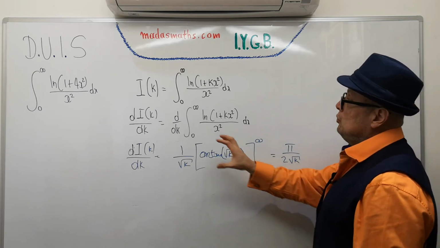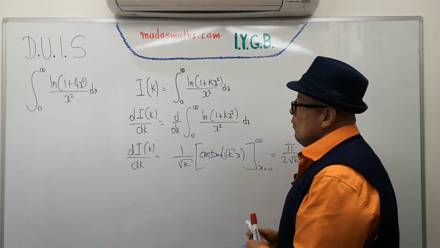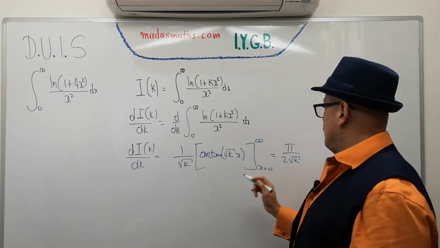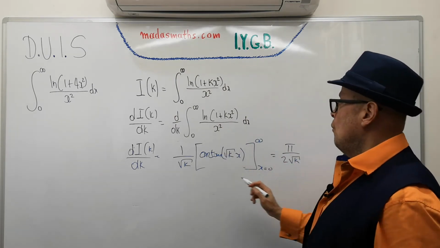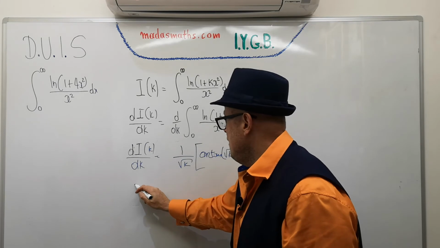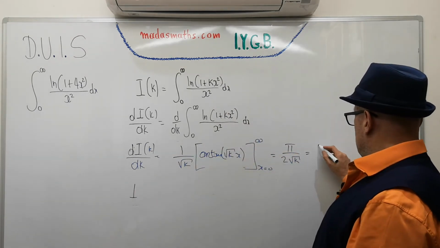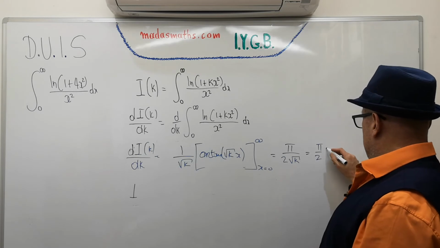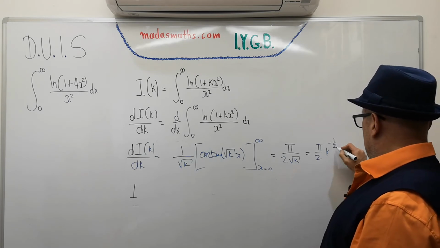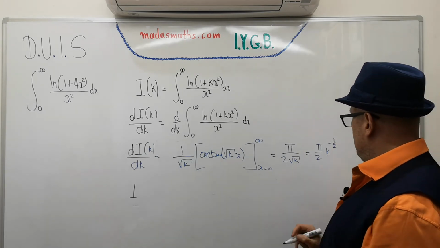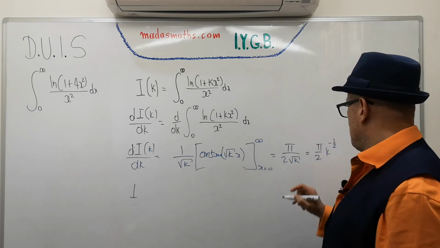So in order to get our I of k, we need to, of course, integrate this expression with respect to k. A very simple integration, and I'm going to write it also probably better as k to the power of minus a half, so the square root at the bottom.